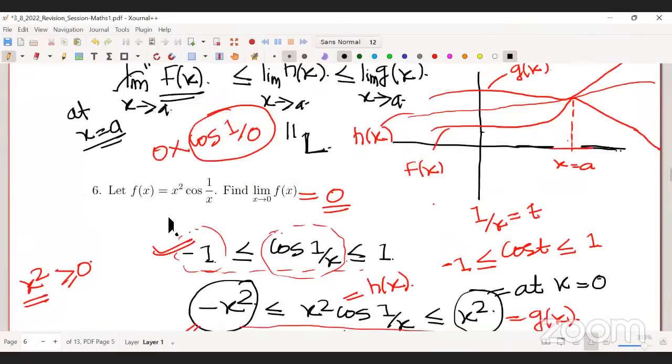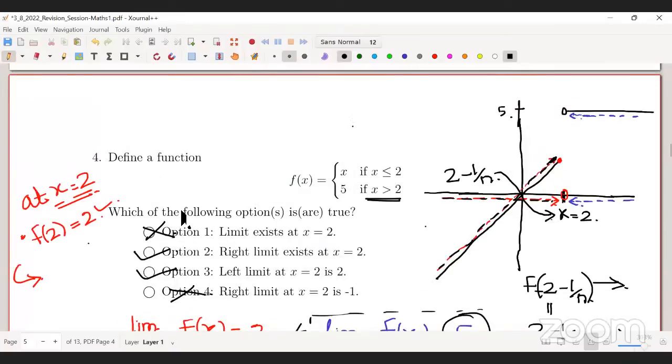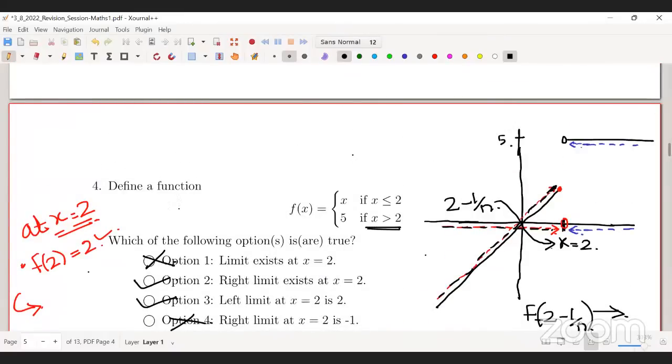So for example, here if I take a sequence which converges to 2, let's say my sequence xn is 2 plus 1 by n, right?